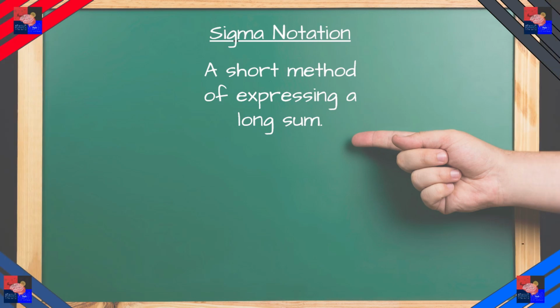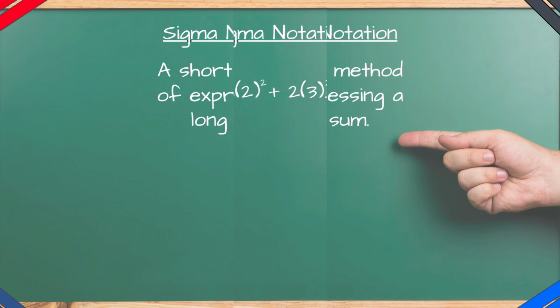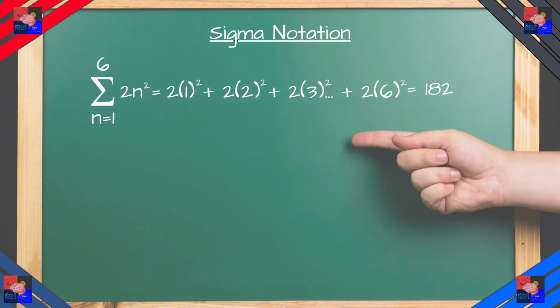It is basically a short way to express a sum of given things, and it's written with capital sigma, as sigma is a Greek letter that is the closest we have to S for sum. And this is an example of sigma notation.